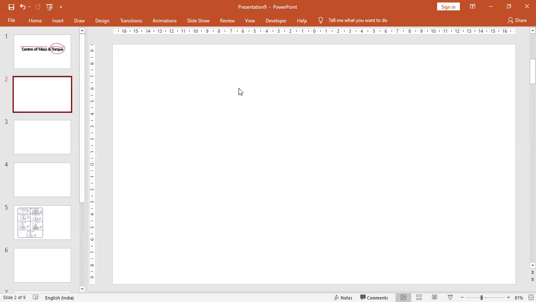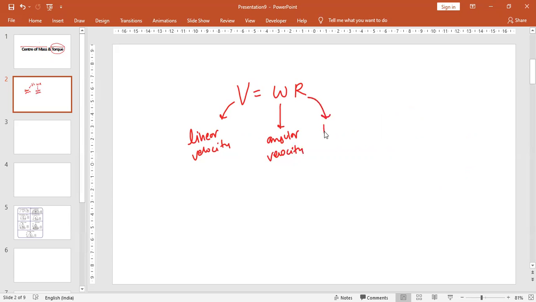So you remember this equation, V equal to omega R, where V is your linear velocity, omega is your angular velocity, and R is radius.